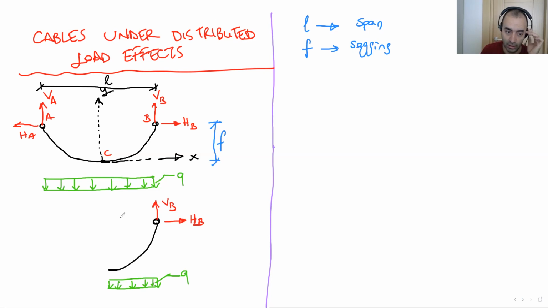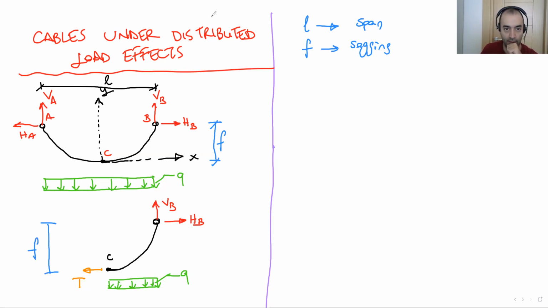Here is the point C, and what I have at this point C is a tension load, T0, which represents the other half of the cable, and then I have F here.